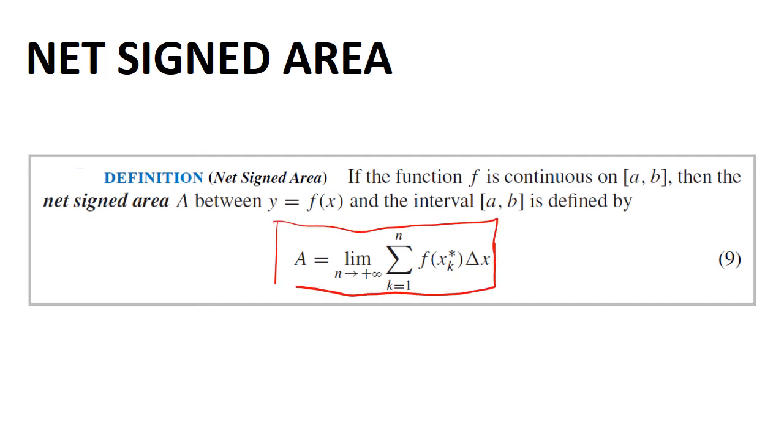So, dinefine lang natin siya para ma-generalize na hindi lang puro positive value na f of x ang kinukuha kasi hindi naman talaga ganun lahat ng functions. Okay, may mga functions na kailangan mag-cross sa x-axis. So, it is better to define it as a net signed area instead of area under the curve. Pero basically, parehas lang naman yung ibig sabihin niya.